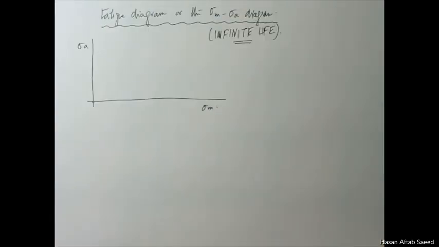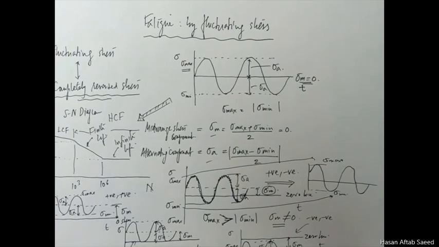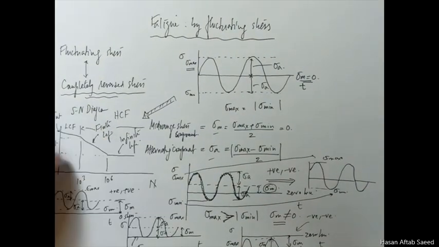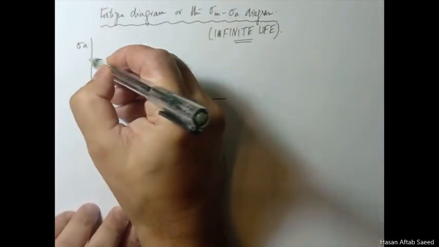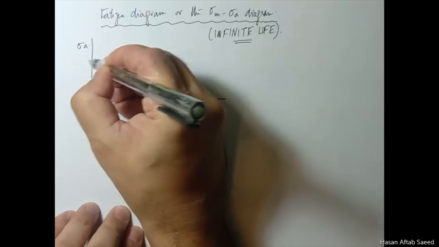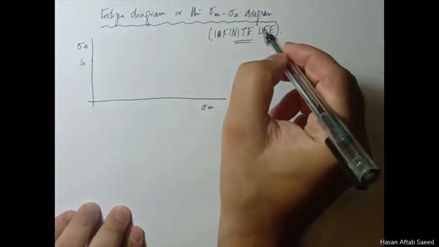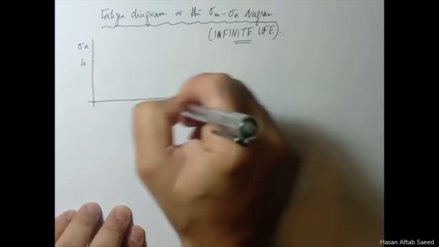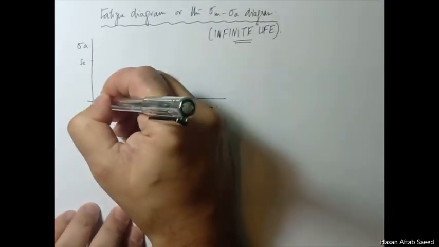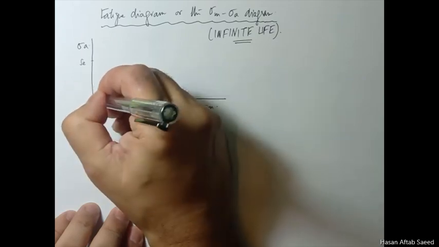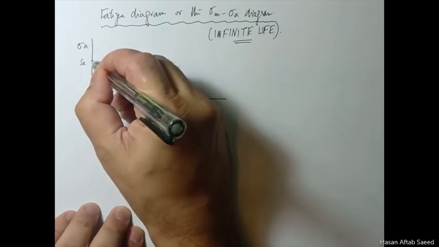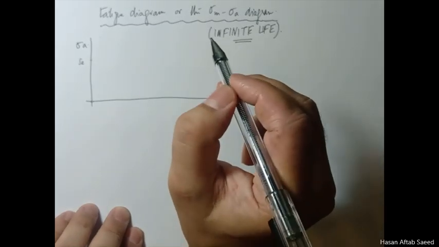This can directly be seen from the SN diagram, which is for sigma m equal to 0. So for infinite life you can apply a stress of SE. For sigma m equal to 0, this is the line for fully reversed stresses. You apply any stress in between here or even up to this point, it should behave.